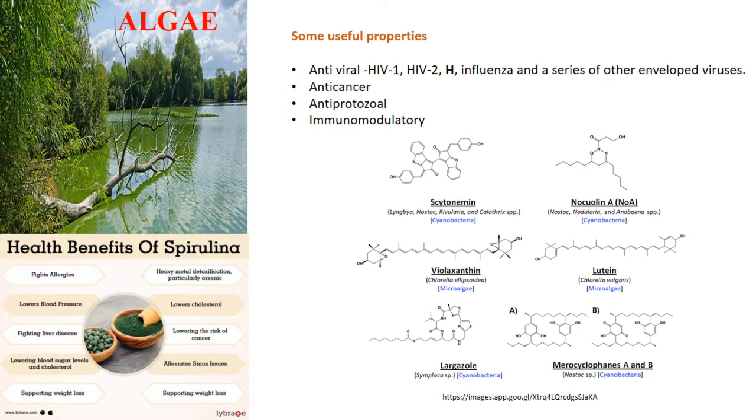One of the products from blue-green algae, otherwise known as cyanobacteria, is spirulina. This product obtained from blue-green algae has its health benefits. And apart from this, it acts as a good antiviral, anti-cancerous, anti-protozoal and immunomodulatory drug. You can have a view over some of the anti-cancerous compounds that have been derived from blue-green algae.